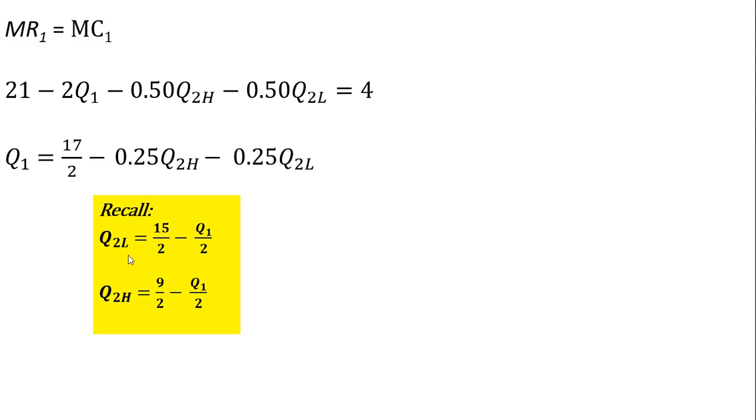And again, recall from our first thing we did with Firm 2, we got a couple reaction functions for low marginal cost and high marginal cost. I'm going to substitute these expressions into Firm 1's reaction function. So making the substitutions down below here.